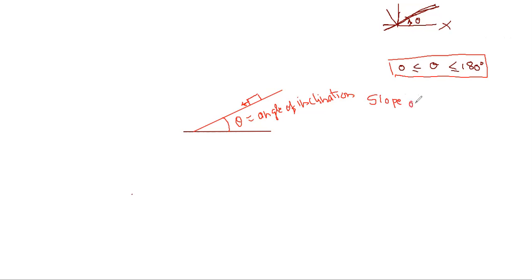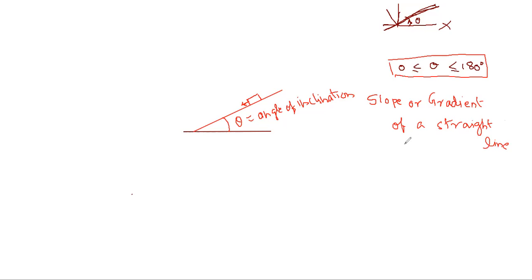So slope can be called gradient also. Slope and gradient are the same thing. Either we say gradient or slope, of a straight line. We are studying straight line in this chapter first. In coordinate geometry, we have conic sections also.